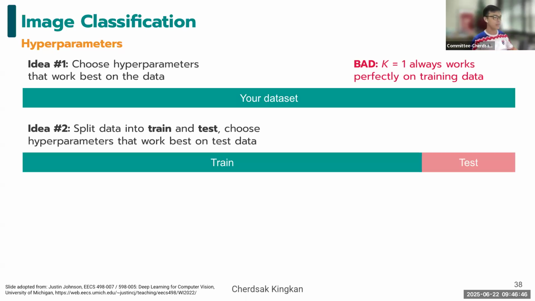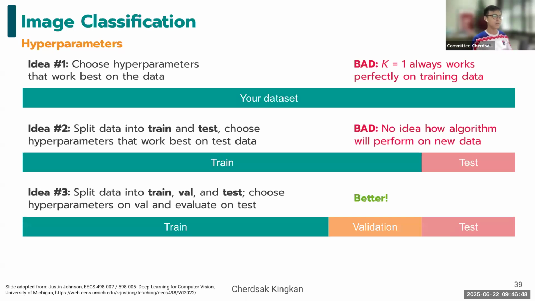All right. So this is also a bad idea because we have no idea how the algorithm is going to work on the new data. Which means that when we train the models here, we keep trying and keep changing the hyperparameters on the training data set.